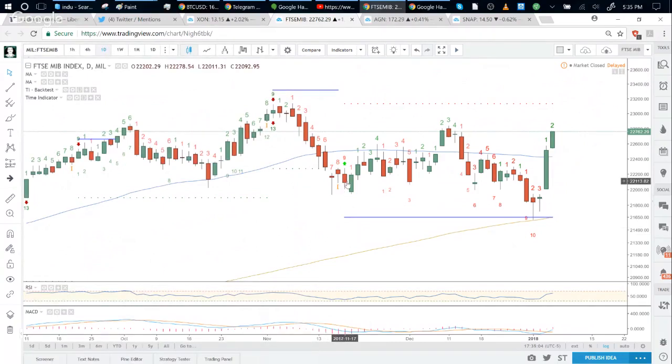The only thing I can think of here is that my time is off, because Bloomberg seems to have their 9 here, not here, and maybe my candles are off because I'm using US time instead of the time of the indicator itself, and that could completely skew these numbers.